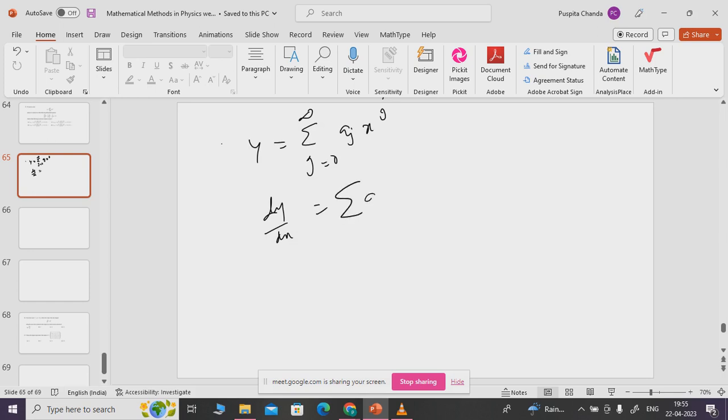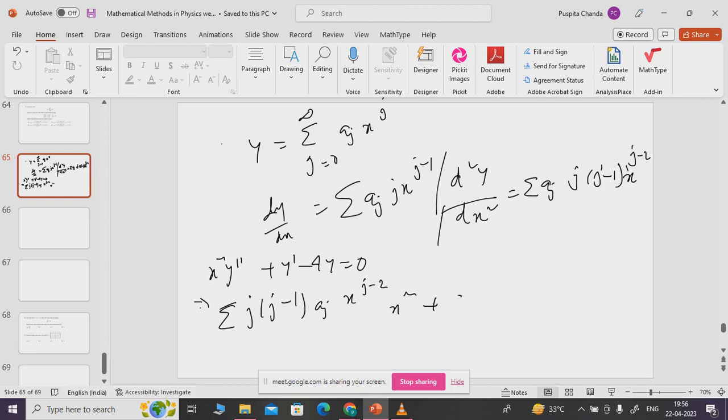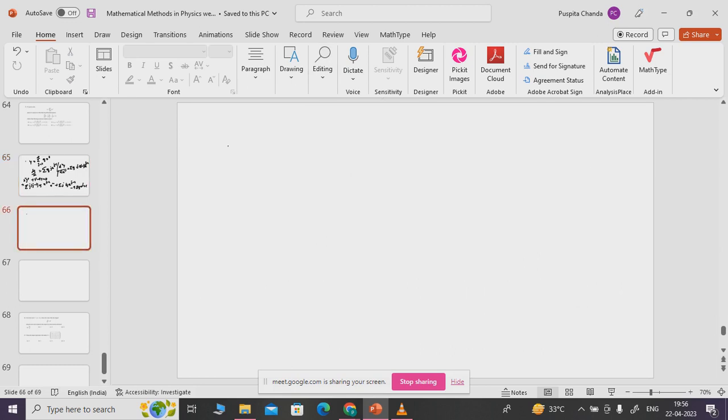Sum over j from 0 to infinity of aj x to the power j. dy/dx is equal to aj j x to the power j minus 1, d2y/dx2 is equal to aj j into j minus 1 x to the power j minus 2. So putting all this value in the equation, x square y double dash plus y dash minus 4y equals 0, we get j into j minus 1 aj x j minus 2 x square plus j aj x j minus 2 minus 4 aj x j is equal to 0.